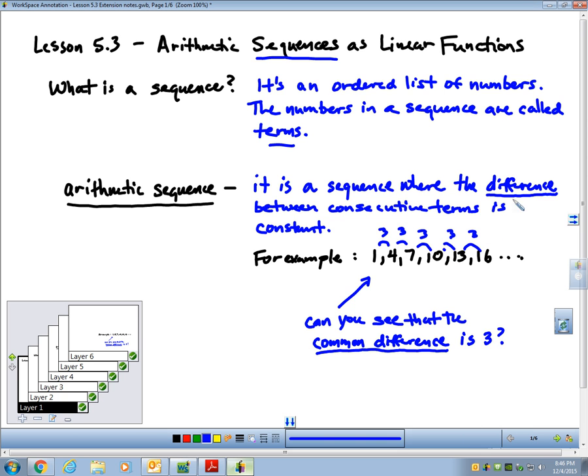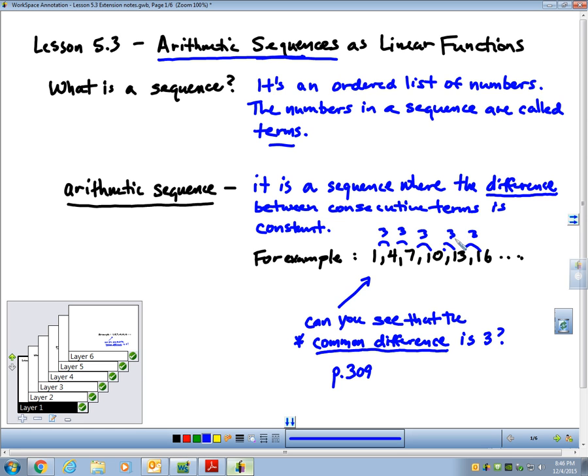In other words, if I subtract any 2 of these consecutive numbers, I get 3, like 16 minus 13 is 3, or 7 minus 4 is 3, or 10 minus 7 is 3. The common difference is 3. That's another vocabulary word that you'll see on page 309. Arithmetic sequences have a common difference.